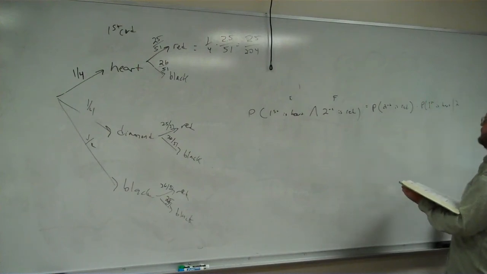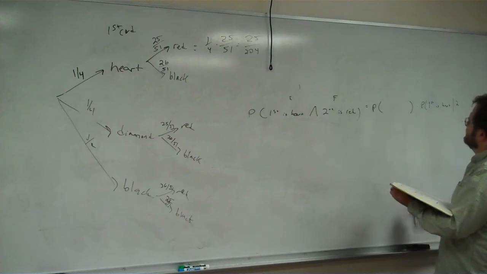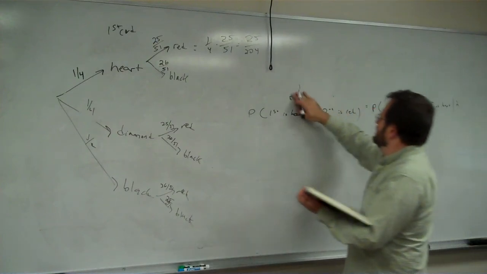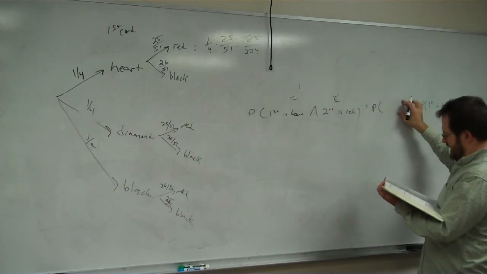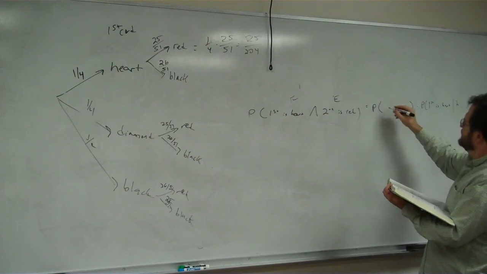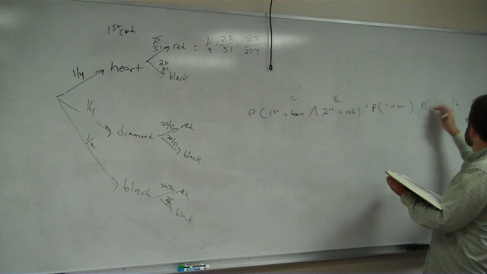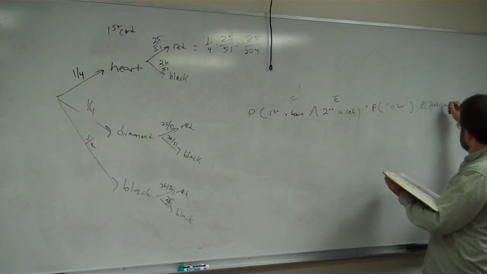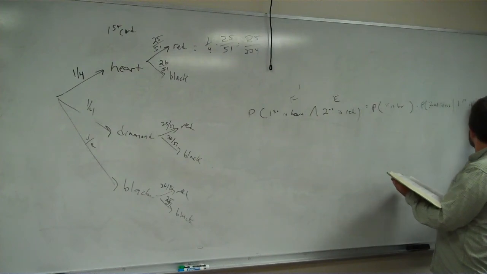Actually, it's the other way around. Let's call this one F and this one E. Then probability of first is heart, and probability that the second is red, given first is heart.